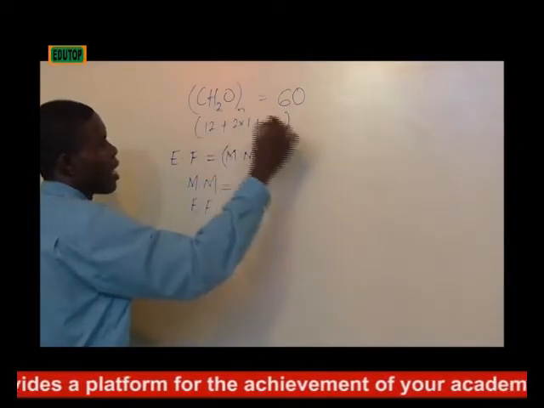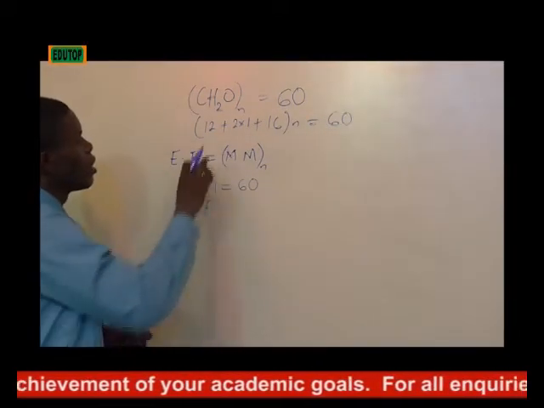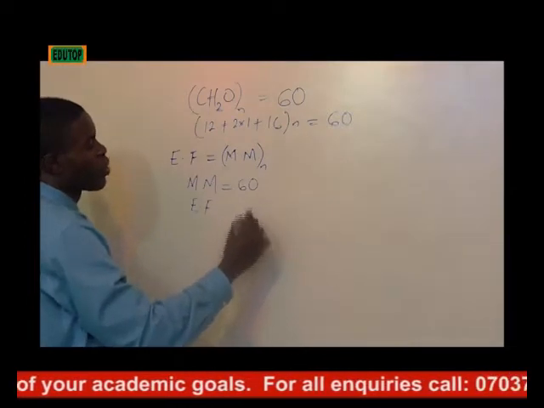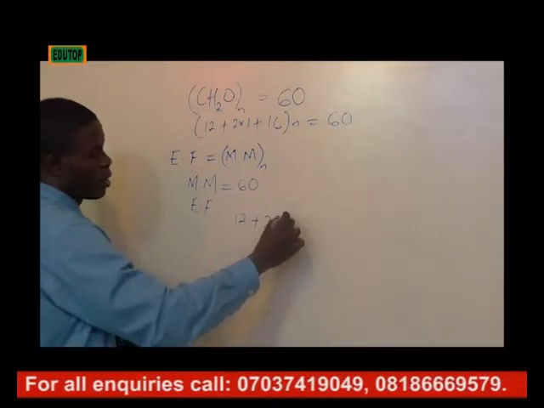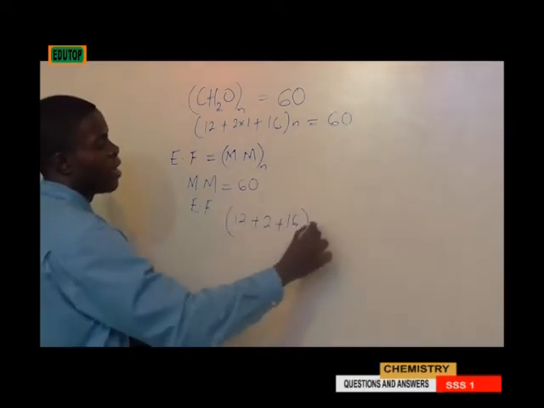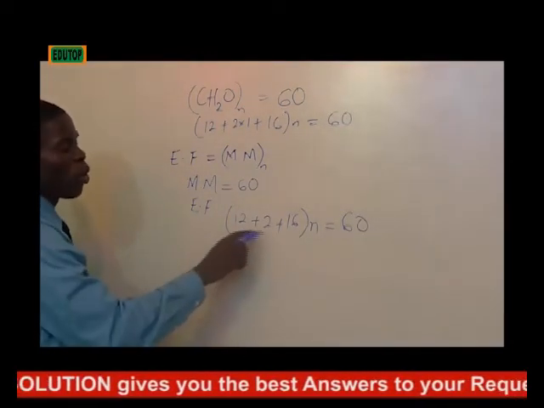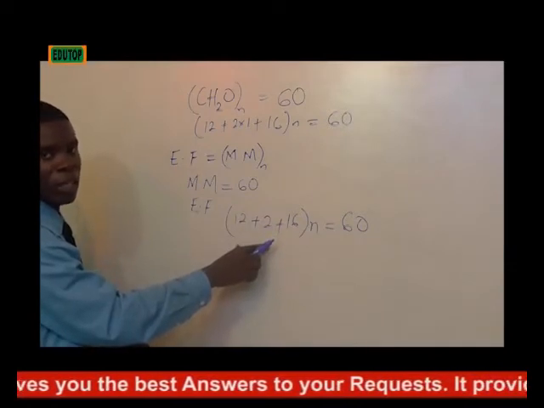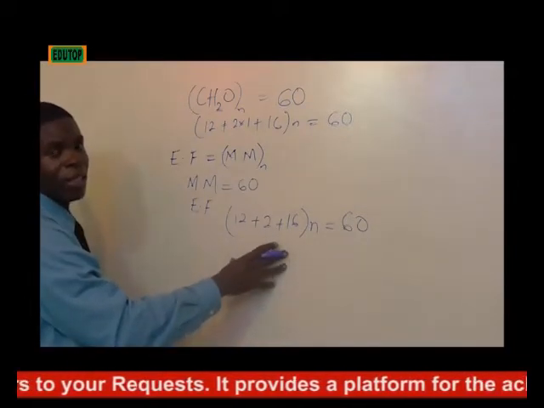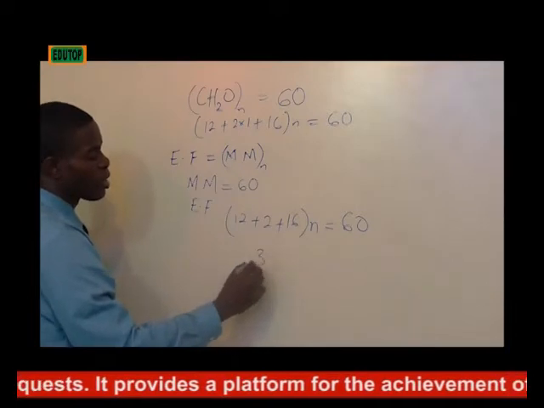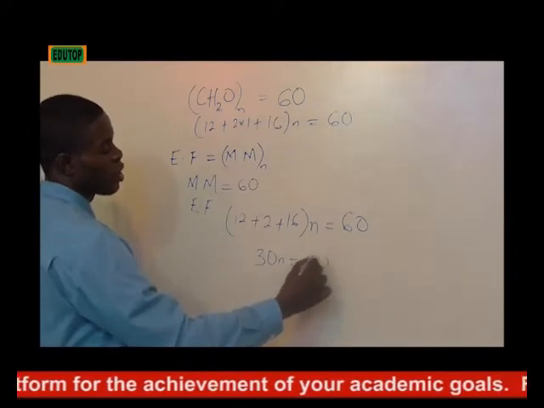Everything affected by N is equal to 60. 12 plus 2 times 1, which is 2, plus 16, affected by N is equivalent to 60. 12 plus 2 is 14, plus 16 becomes 30. 30 times N becomes 30N, which is equivalent to 60.